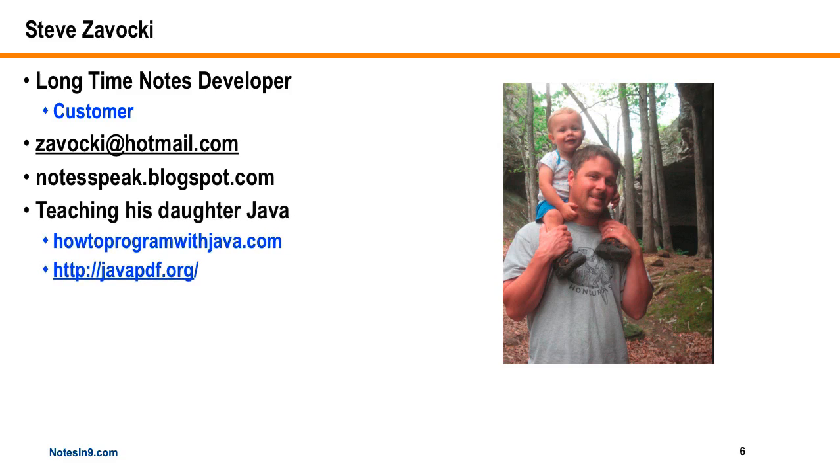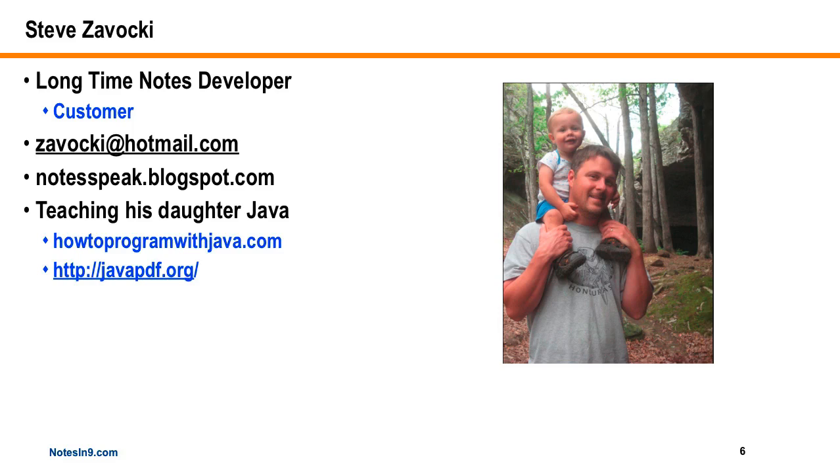I find it fascinating that he's teaching his daughter Java, using some of the sites I've mentioned on the show before, like HowToProgramWithJava.com. There's a guy named Trevor; I forget his last name right now, but he's a great guy, and I've talked to him several times via email. JavaPDF.org is a site Trevor did with an online book you can buy on Java, also available on Kindle, I think.